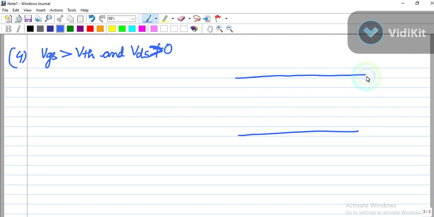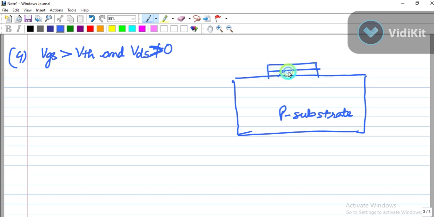Okay, this is the P substrate, and then there is the dielectric. This one is the dielectric, and this one is the gate. Okay, and these are the source and the drain.